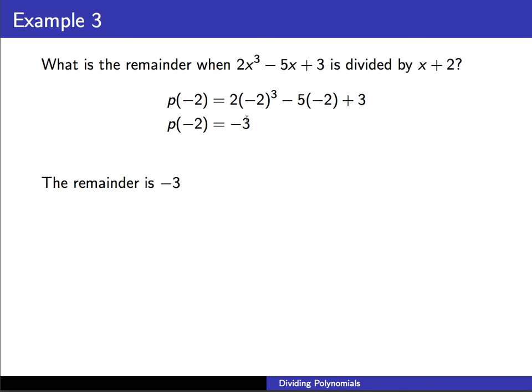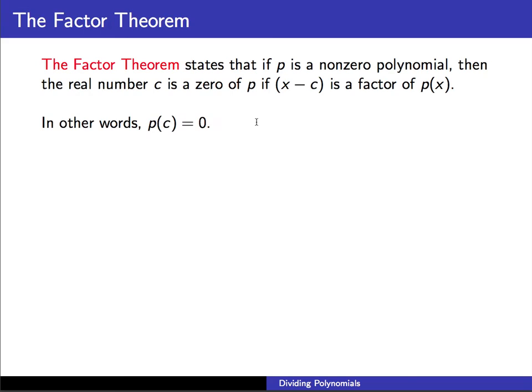If we get a remainder, that means that x plus 2 is not a factor of 2x cubed minus 5x plus 3. So if we were to factor this out, like you do in algebra class, one of those factors would not be the expression x plus 2, because if we use the remainder theorem, we get a negative 3 here. In other words, when you put that value in, your remainder should be 0.